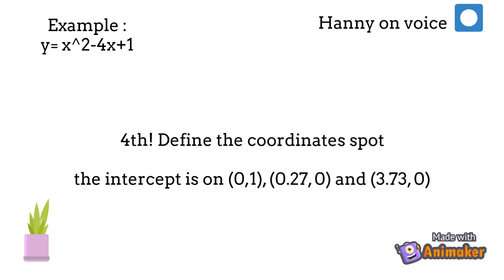Here you can find the intercepts on both axes, the x-axis and the y-axis. In this example, the intercepts are at (0, 1), then (0.27, 0), and the last spot is at (3.73, 0).